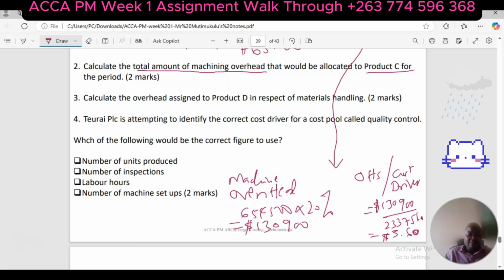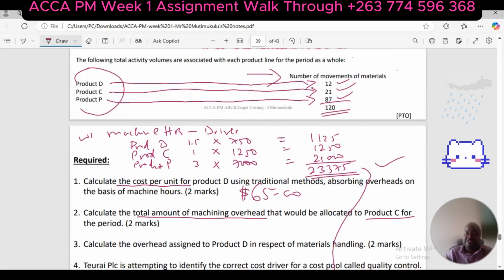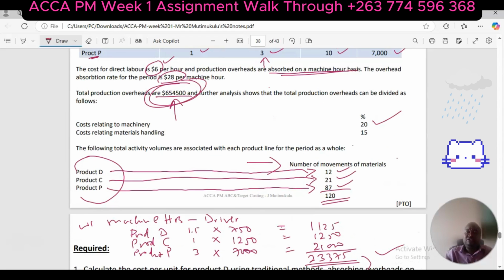So we need to then move on and say, since we now know that in terms of ABC each machine hour is now costing $5.60. Remember, the traditional costing method was telling us that each machine hour was $28.